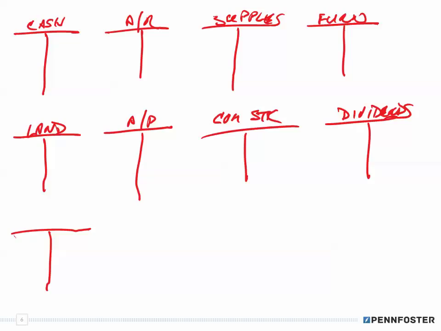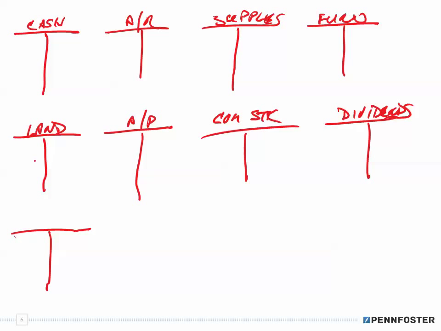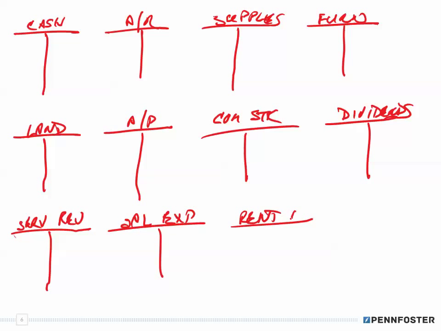You'll see that in the next chapter, so that's why you don't see a retained earnings account here, but just be aware that you should have one. Then we have service revenue, salaries expense, and rent expense. So these represent our general ledger accounts.